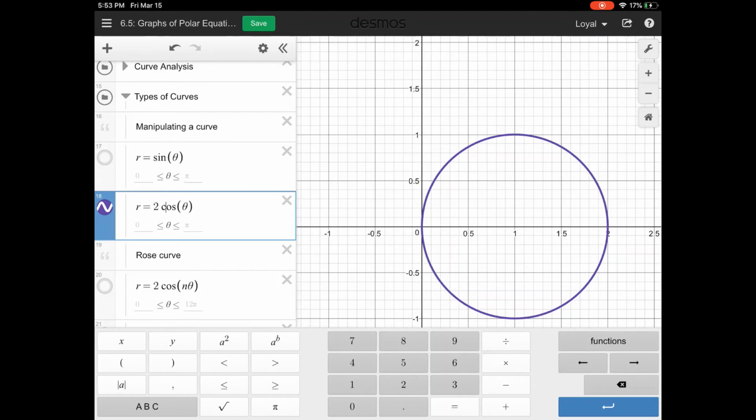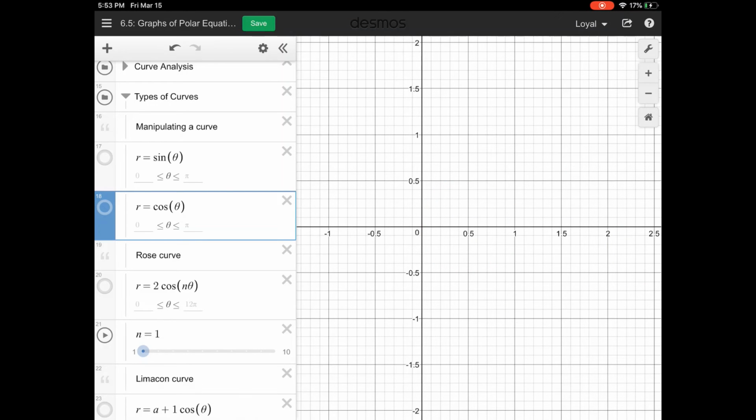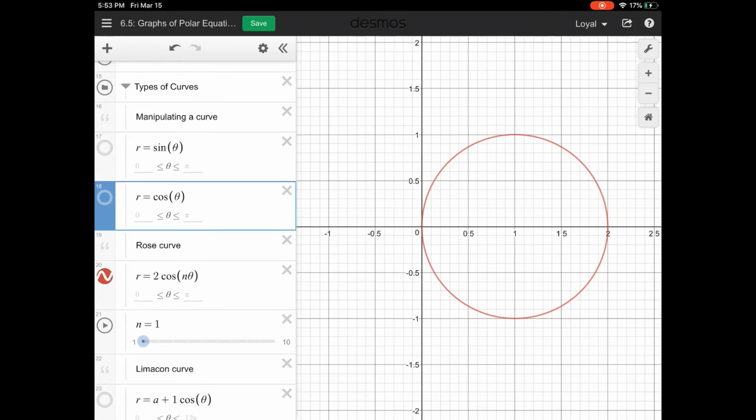And for the sake of your time, I'm not going to go too deep into why this rose curve looks the way it does, but I wanted to show you a little bit of how it works. So let's say I have the rose curve, and it starts out as r equals 2 times the cosine of n theta. I can make n a bunch of different things. If I make it 1, it would look like this.